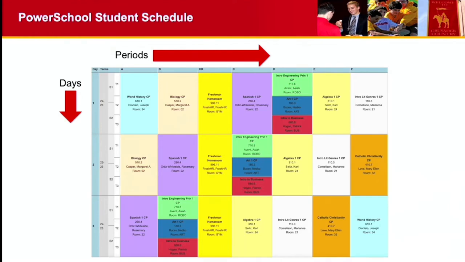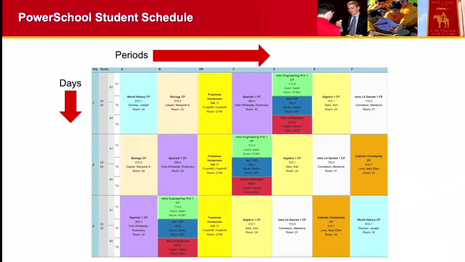So this student on day 1, period 1, goes from world history, then to biology, then to homeroom, then to Spanish. Those are the first 3 periods, and homeroom is after 2nd period. And then period 4A, which is not designated exactly on the schedule, freshmen would go to lunch, and then after lunch they would go to 4B, which is their non-core class.